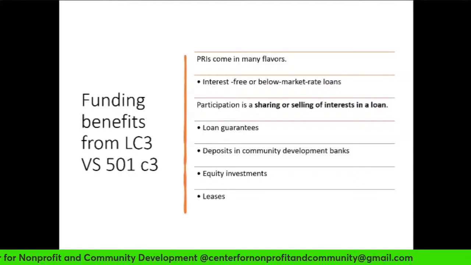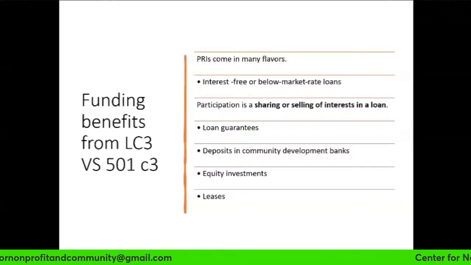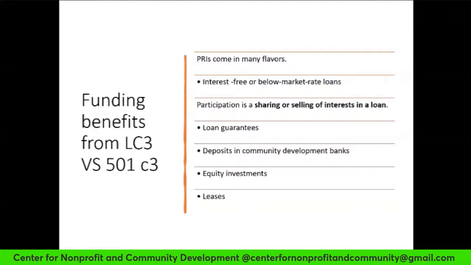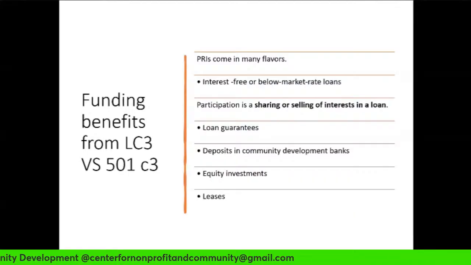Normally, when you're a for-profit organization and you go to take out a loan, you're going to see a substantial interest, unless you are one of the Fortune 500, who get the best deal when it comes to having the best interest rates. Well, as an L3C, you get that same privilege.